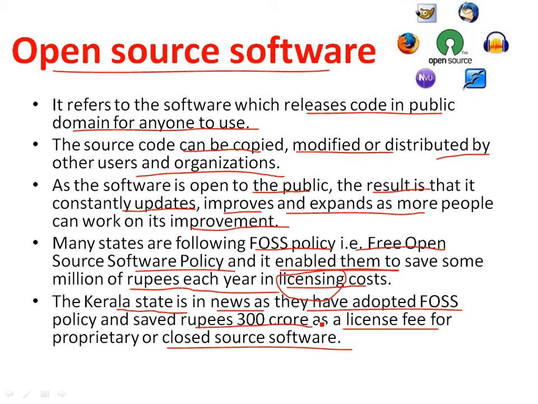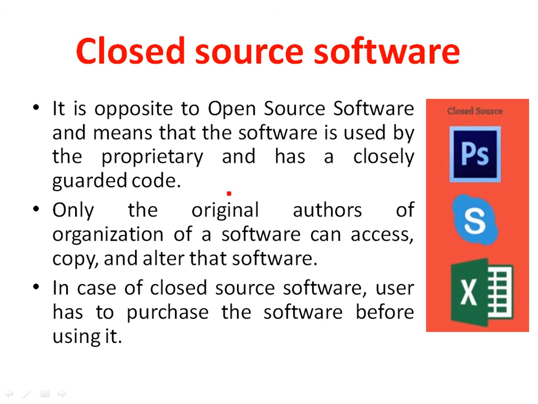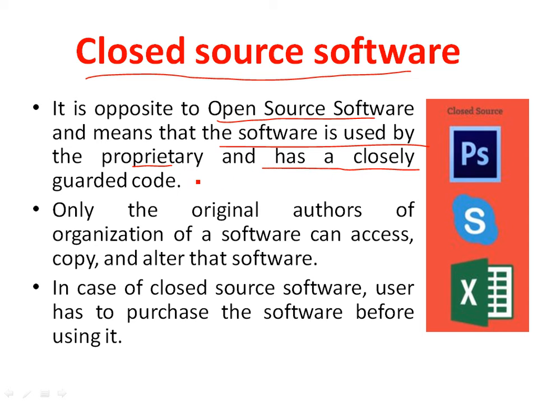Move to the next section, which is closed source software. It is exactly opposite to open source software, because the software is owned by a proprietor and has a closely guarded code, or you can also say a key.